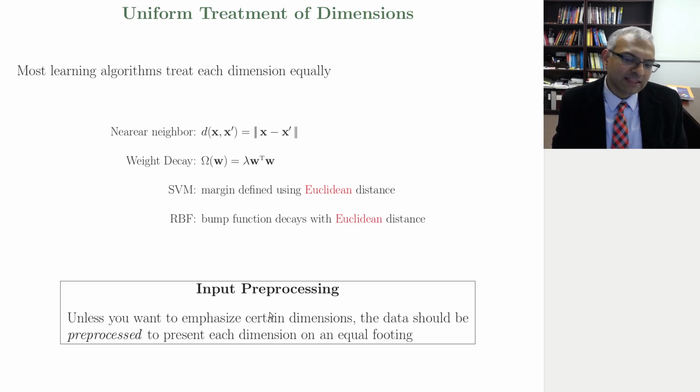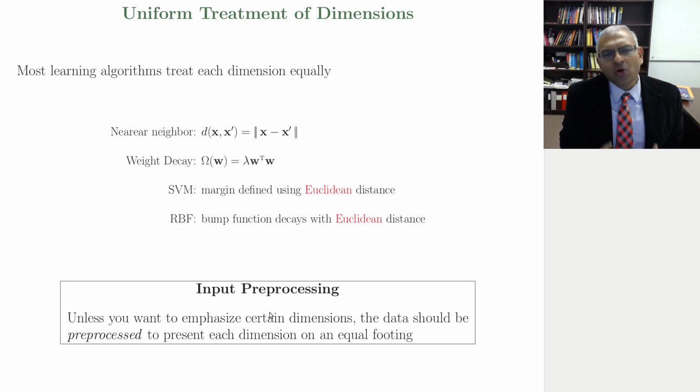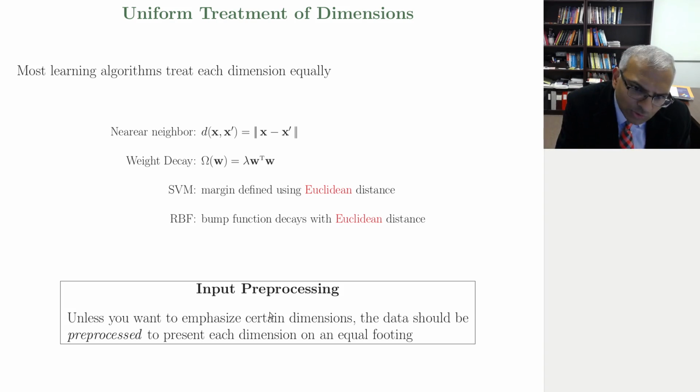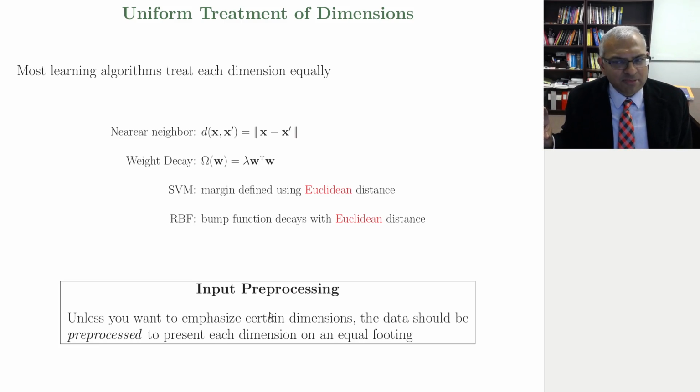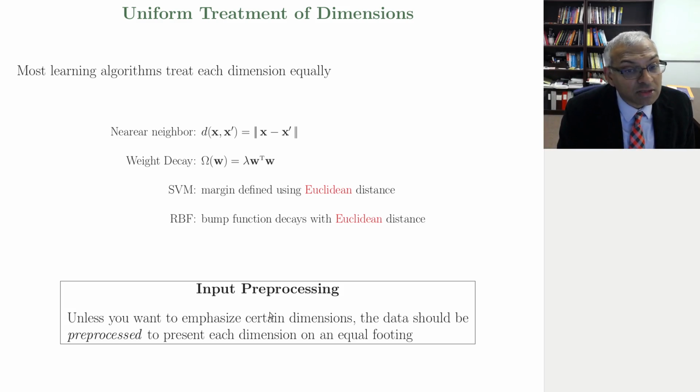Not because it should, but just because it does, because most learning algorithms have a built-in scale. And what do I mean by that? What I mean by that is typically all algorithms that we have discussed in their default form treat all dimensions equally. And if, when you're collecting data, the scales of these different dimensions are wildly varying, then those different dimensions with wildly different scales will be emphasized differently by the algorithms. Now, if that is by design, then fine.